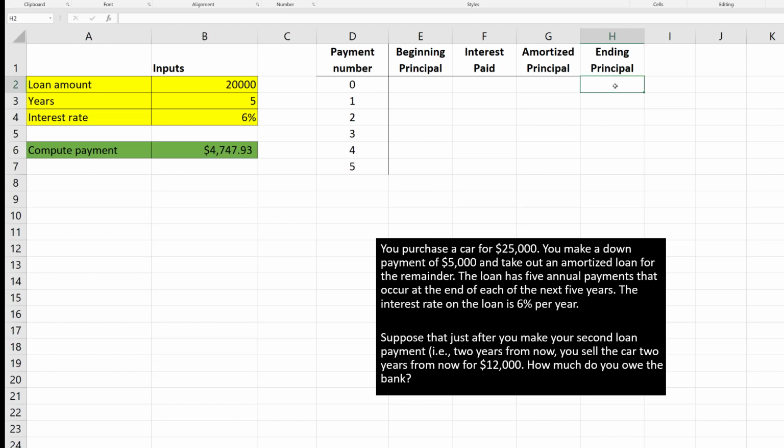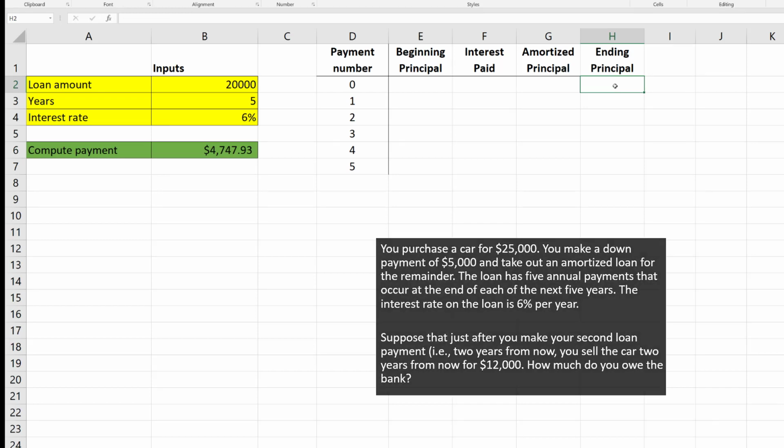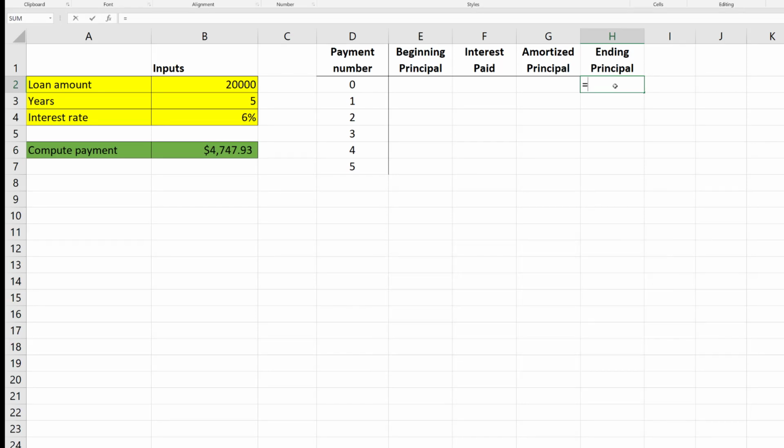So let's start with a little bit more preliminary information. I'm going to link this cell here to the original balance. Okay, so the ending principal at time 0 is going to be 20,000. I just put that there so that I can easily link these cells back to the previous row, and we can copy down really quickly. So the beginning balance in the first period is going to be the same thing as the ending balance in the previous period.